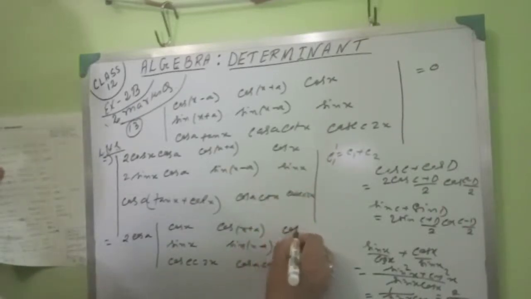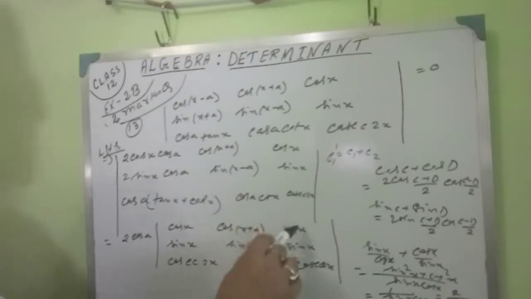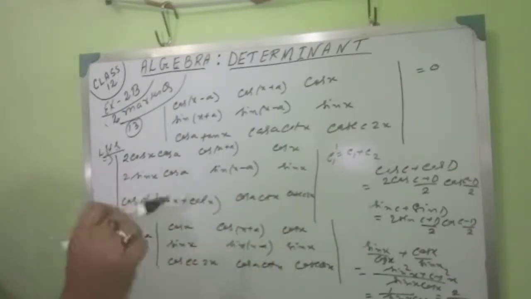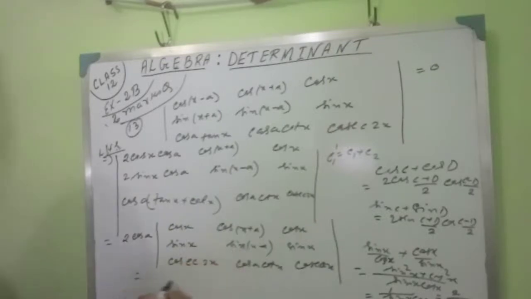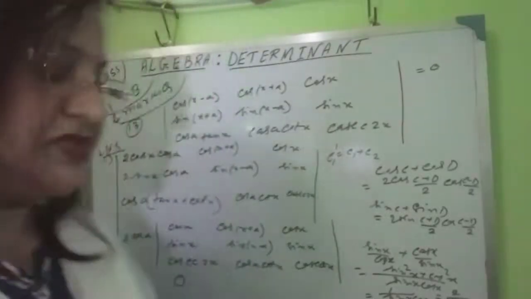And the third column is cos x, sin x, cosec 2x. See, the first column is cos x, sin x, cosec 2x, and the third column is cos x, sin x, cosec 2x. Since these two columns are identical, the value of the determinant is again 0. It's a very, very important property.